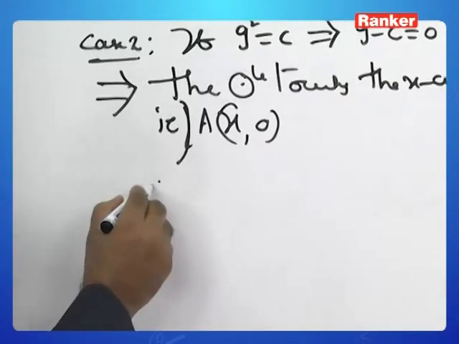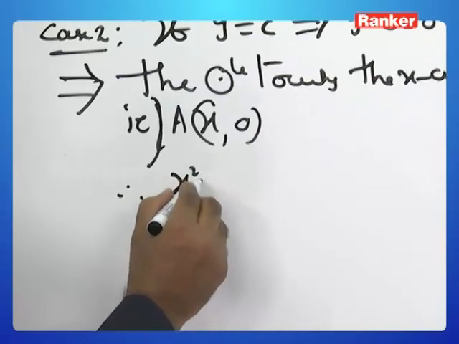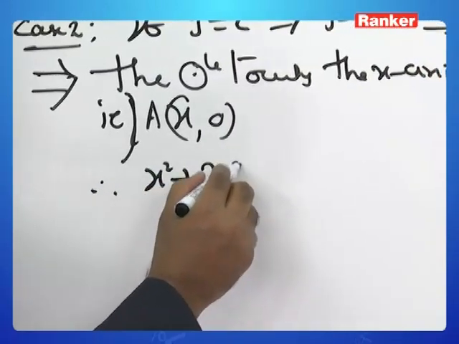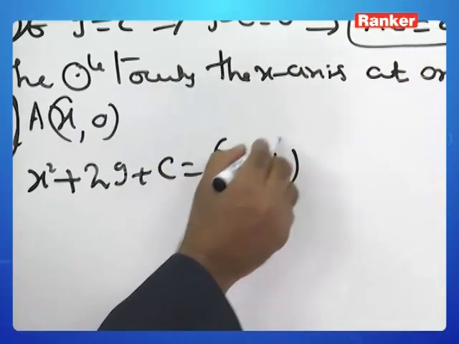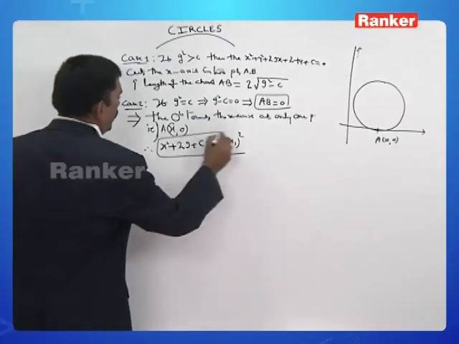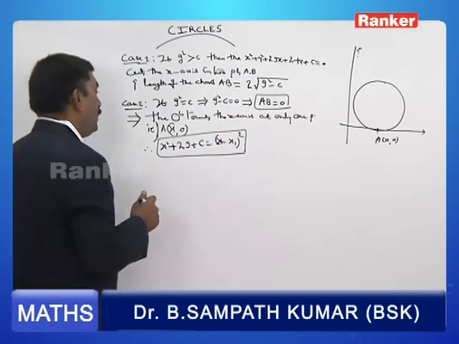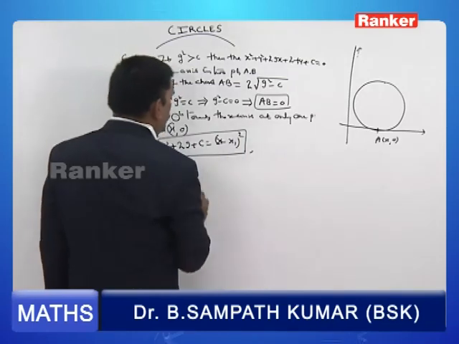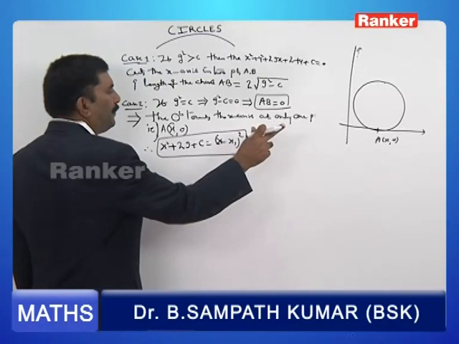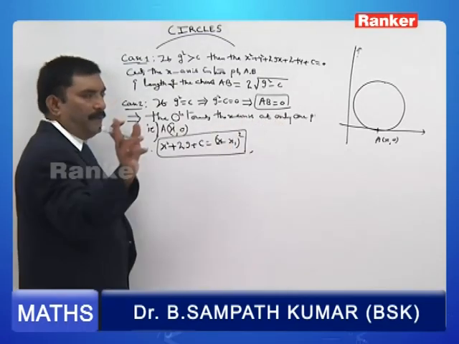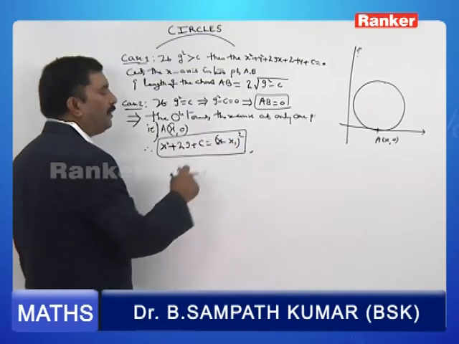Therefore, as already written, x square plus 2gx plus c becomes x minus x1 whole square. Why? In place of x2 we have taken x1, so the point x1 comma 0 becomes the point of contact of the circle with the x-axis. I mean, the x-axis is a tangent at only one point.